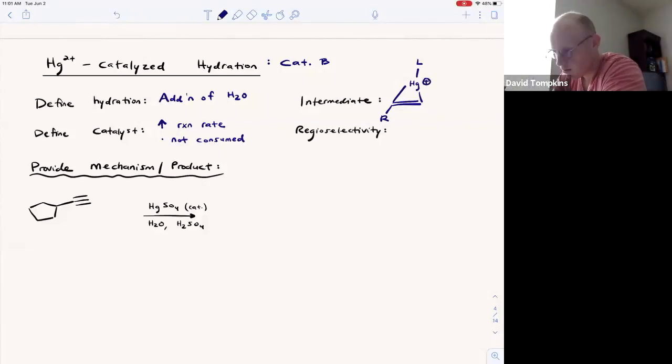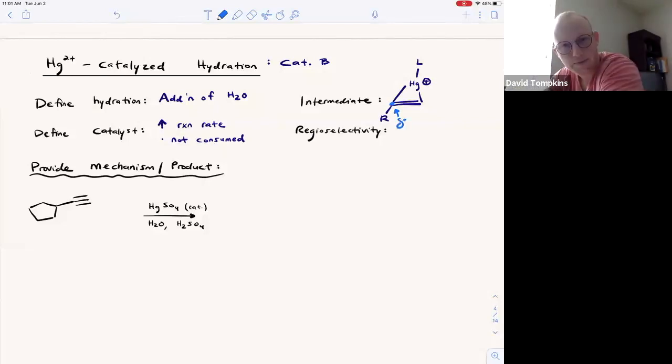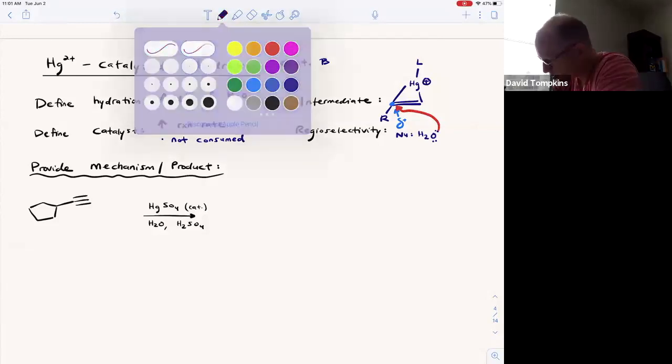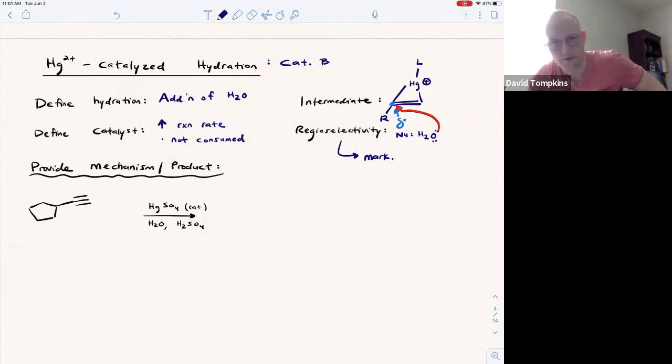And that bridge intermediate can be described by drawing various resonance forms, but recall that the more substituted carbon has more electrophilic character. And so the nucleophile, which is water, is going to attack that carbon that is more electrophilic. In other words, the regioselectivity is going to be Markovnikov, as opposed to anti-Markovnikov, which we will talk about in a different lecture.